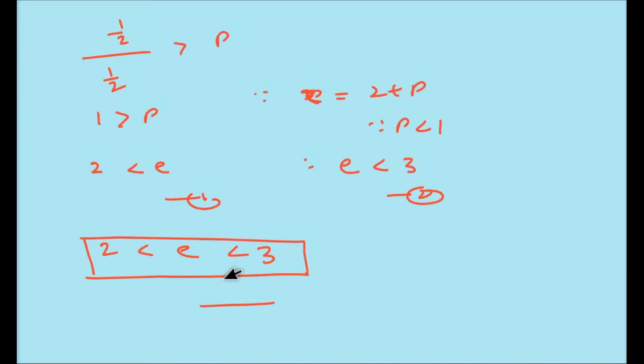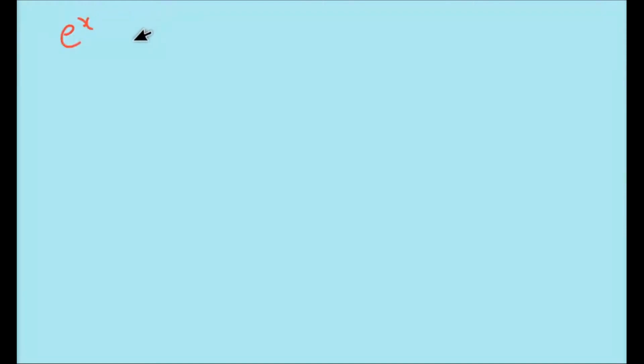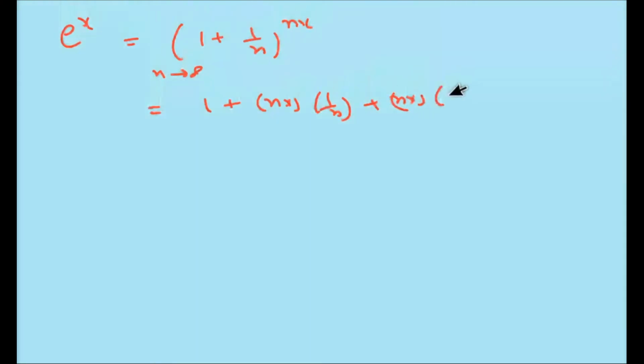Okay student. Now I want to say the next topic, that e to the power x is the limit of 1 plus x upon n to the power n. Similarly, writing this using the binomial theorem, we can say 1 plus n times x upon n, plus n into n minus 1 upon factorial 2 into x square upon n square.